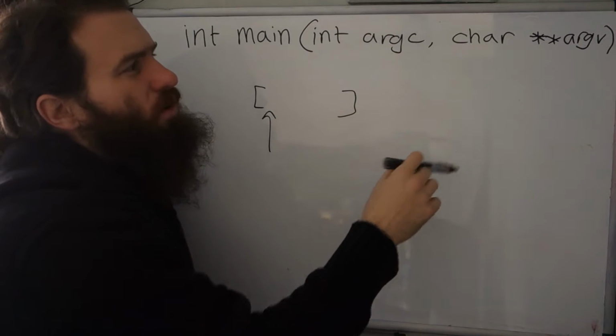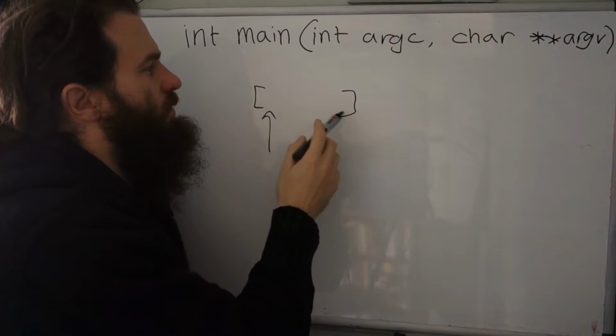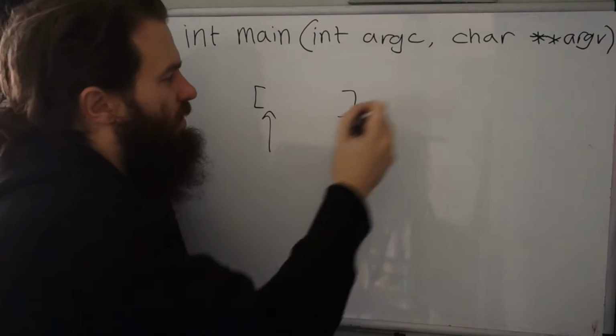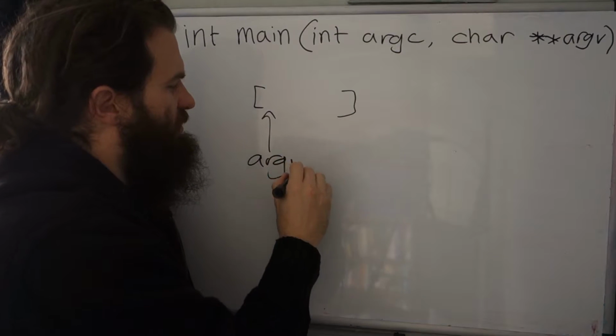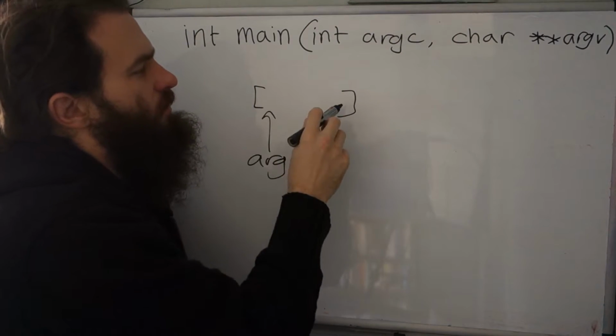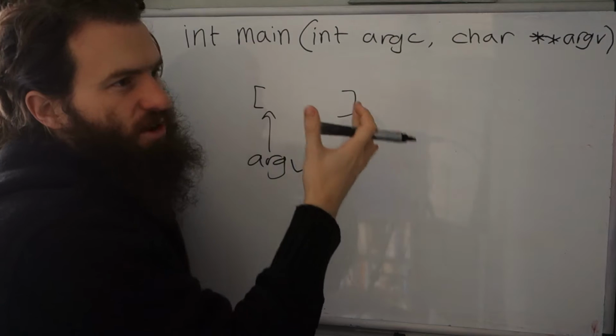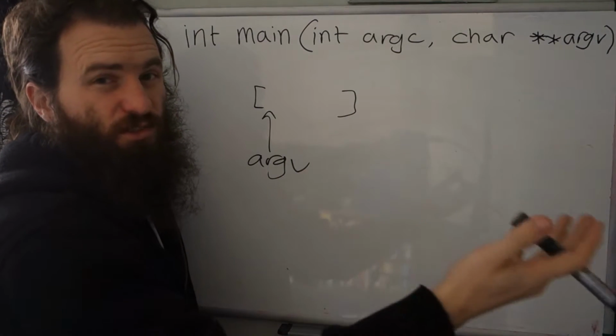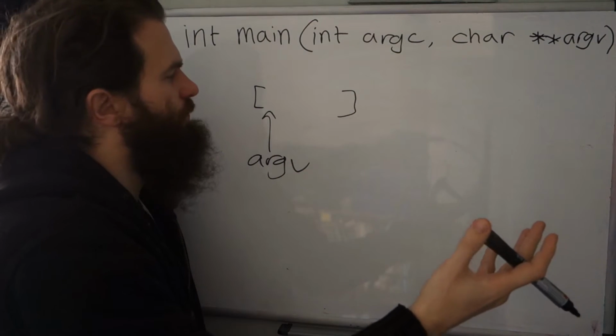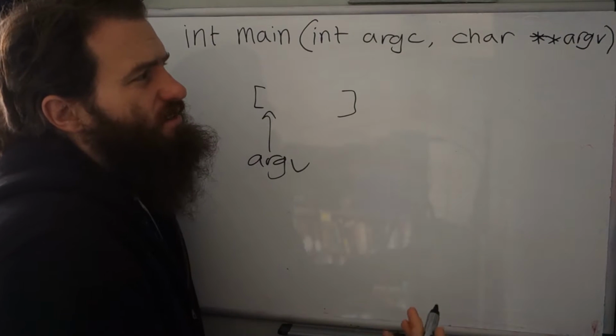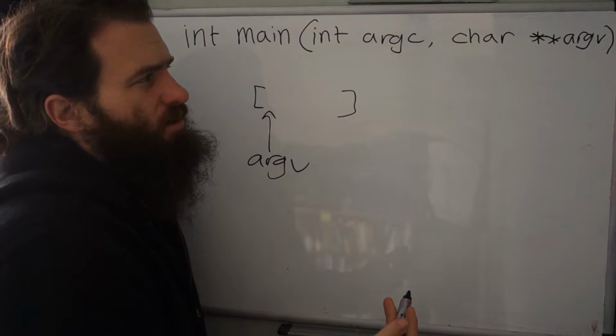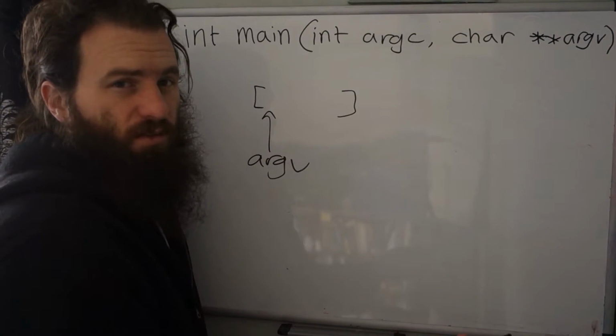While this is a pointer to a character pointer, argv is an address that points to a character pointer. That character pointer is the address of a string, essentially a character buffer. So argv is an array of character buffers.